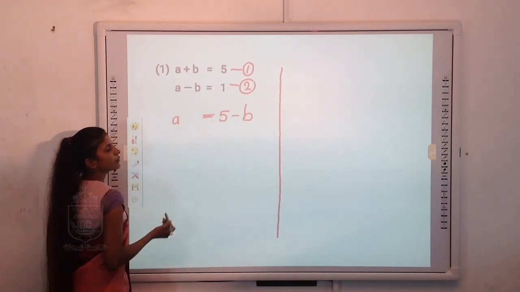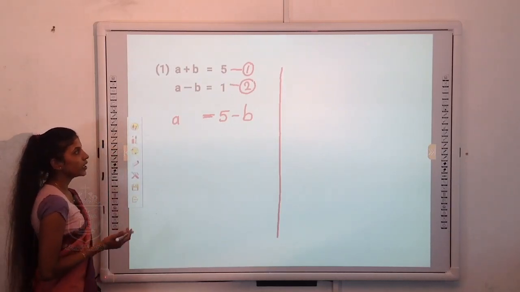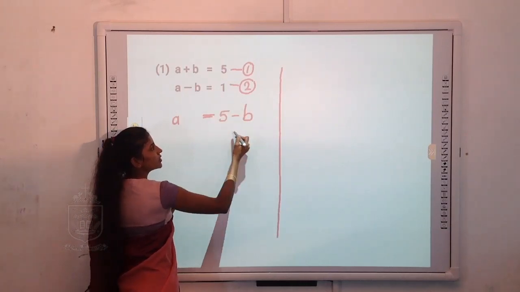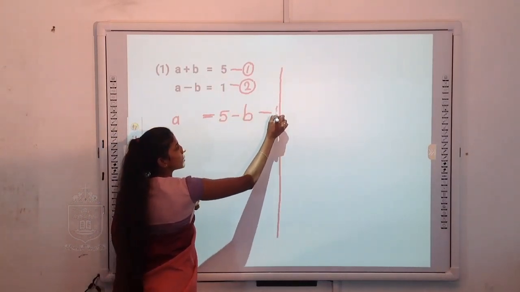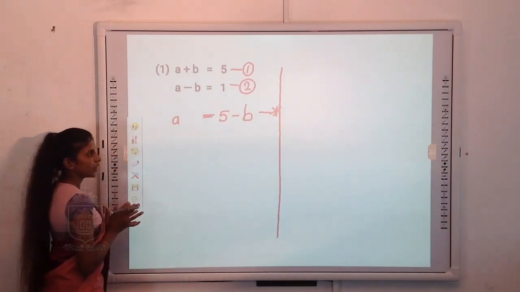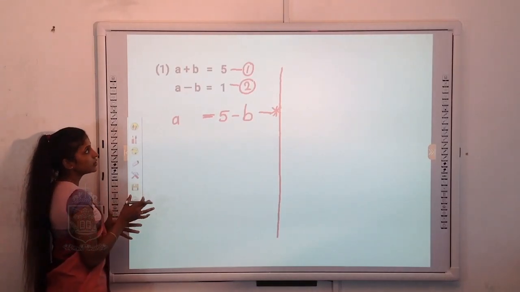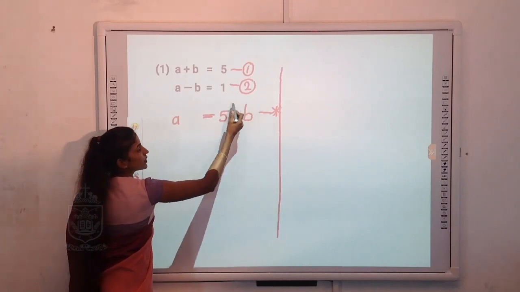A equals 5 minus B. Now instead of A, I have an expression, that is 5 minus B. I have substituted A using this.